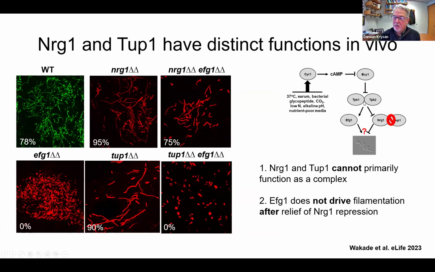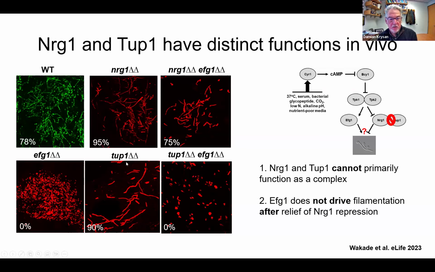We then asked if this increased filamentation in the mutants of these two repressors was due to or dependent upon EFG1 itself. And again, surprisingly, when we knocked out EFG1 in the NRG1 background, we still had filaments.